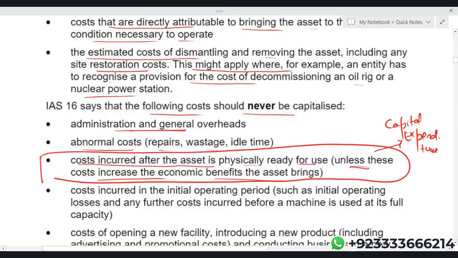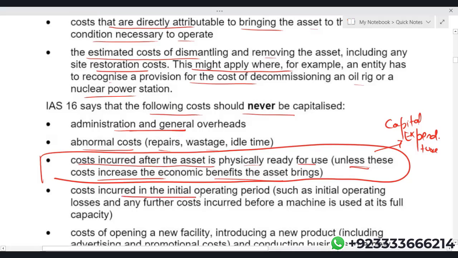Actually, when we say capital expenditure, number one, due to that capital expenditure, the efficiency of your asset can increase. There's a possibility that due to capital expenditure, the capacity of the asset will increase. But the main thing is either the efficiency or capacity increases. The main thing is now you will be getting more economic benefits as compared to what you estimated earlier. So simply, if subsequently you are incurring any capital expenditure, that will be capitalized.